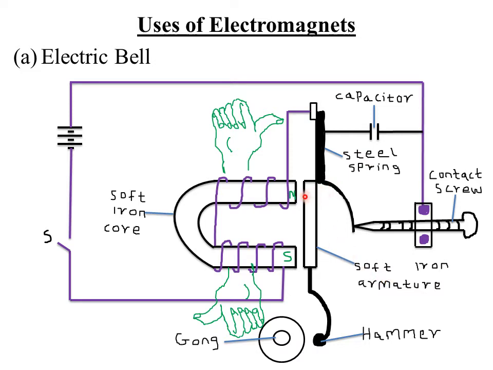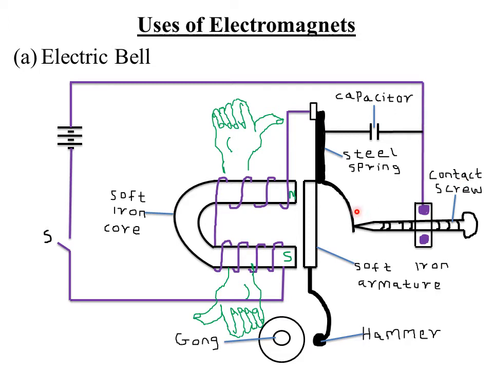It moves as the armature gets attracted to the poles of the core, thereby breaking the contact between the steel spring and the contact screw.